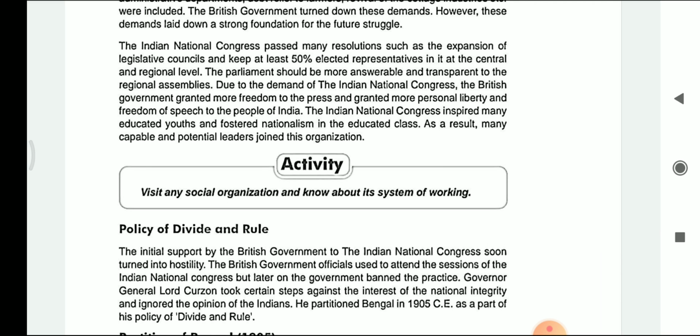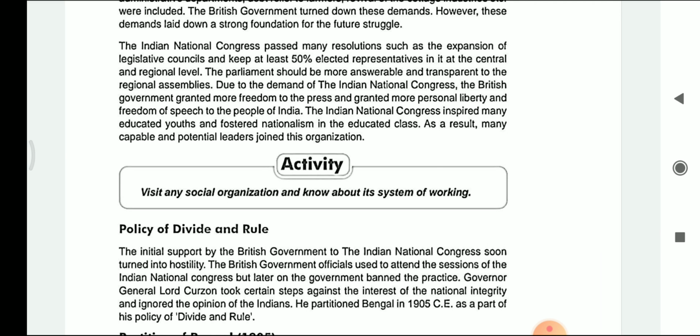So, when the Indian National Congress was established, the British government thought that the people of India had started revolting, and hence, in order to fulfill their demands, they needed to give some kind of liberty to the people of India.